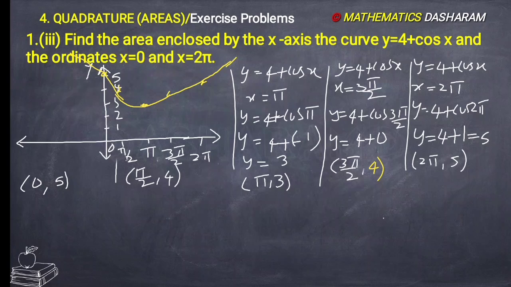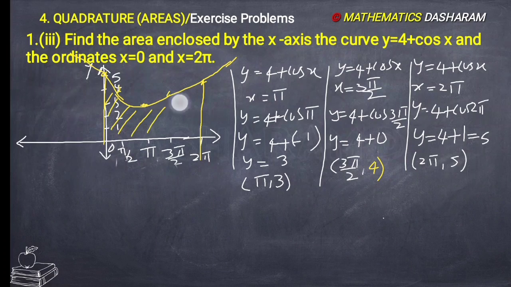So let's extend this. Next, what are the ordinates given? x equals 0 and x equals 2 pi. So x equals 0 is one straight line, and x equals 2 pi is another straight line. Between these two lines, this is our required area.